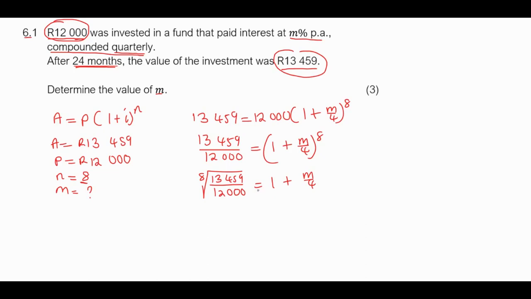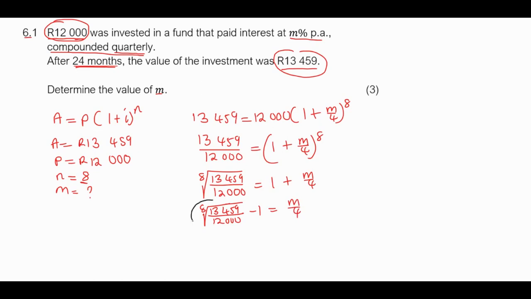And then we subtract 1 from both sides of the equation. So it's the eighth root of 13,459 divided by 12,000, minus 1, is equal to M over 4.